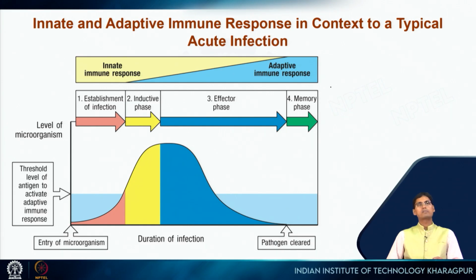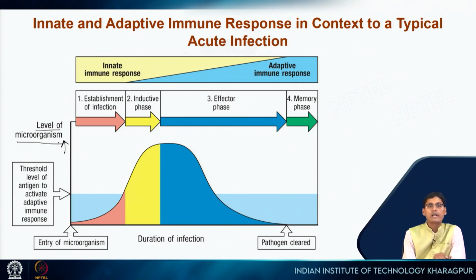Now, here I would like to explain innate and adaptive immune response in the context of a typical acute infection. Whatever I mentioned in the last slide, I will tell almost the same thing in much more detail. So, as you can see here, in the y-axis, we are showing the level of microorganism.